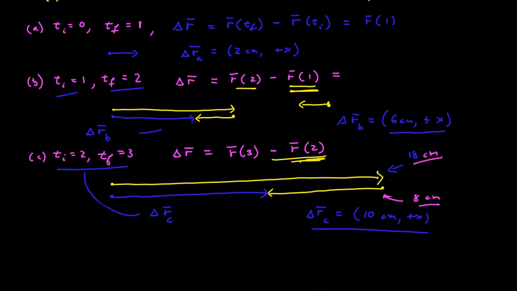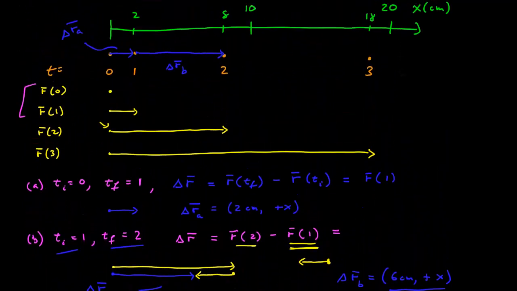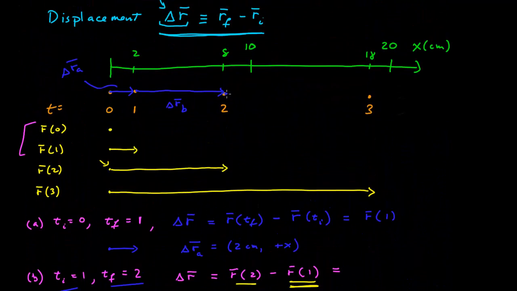And then this vector, which is 10 centimeters in length and points in the positive x direction, points from the second point to the third point in the motion diagram. So you can see, this is important, how the displacement vector fits on the motion diagram: each point on the motion diagram can be defined by a vector of the position function referenced to some coordinate system.